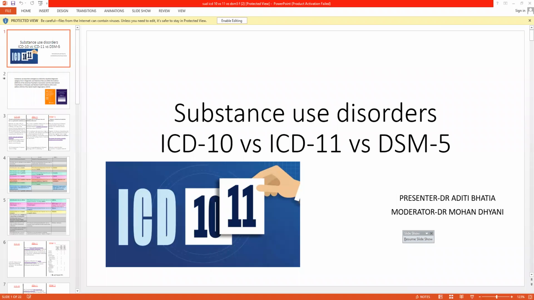Any example of this single episode of harmful use? Do you see patients like that? Yes, sir. If a patient has an increased amount of alcohol, they cause harm to somebody else, as mentioned in ICD-11, and harm to self as well, sir. Or cannabis-induced bad trip.